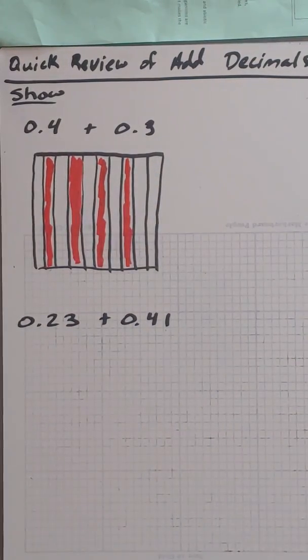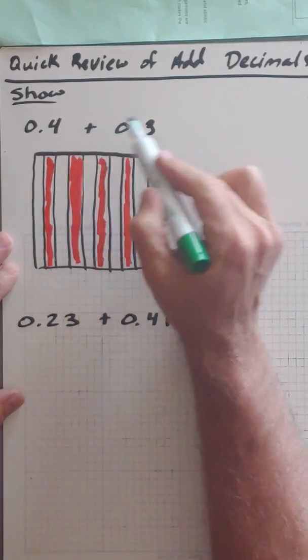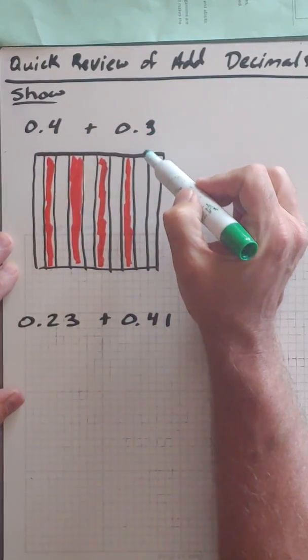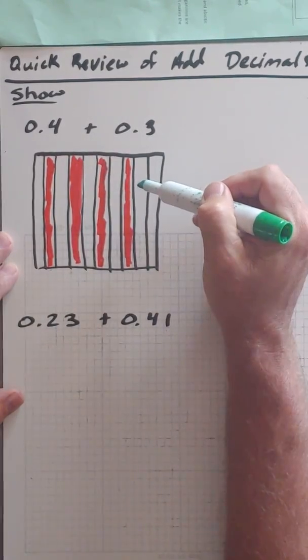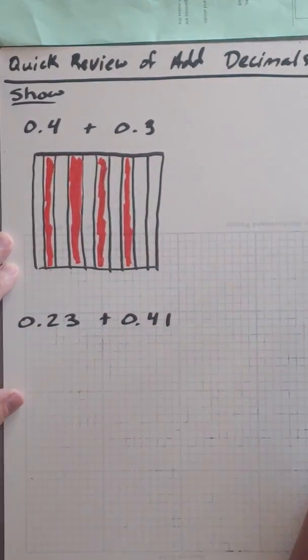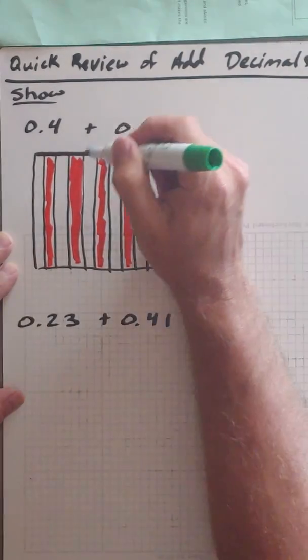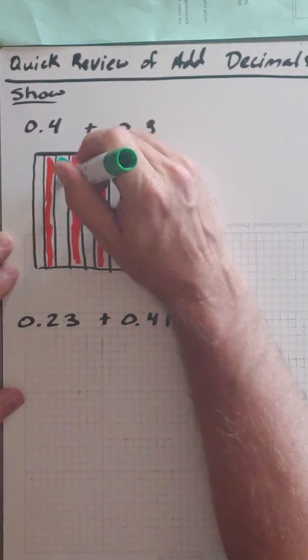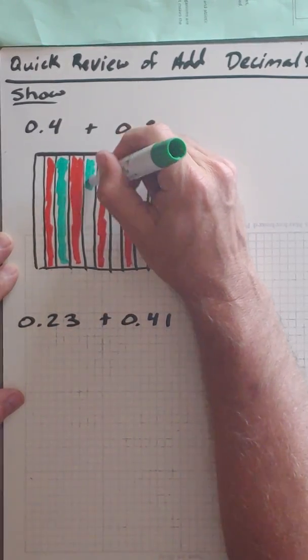And then what was a little bit different than what we did on Monday was I now want my students to start to realize that because these are both in tenths, 0.4 and 0.3, that means I'm dealing with the same size pieces. If I'm dealing with the same size pieces, there's no need to do another rectangle over here and draw it because the pieces are the same. So I can literally just add 3 more tenths to this one that I've already drawn because they are the same size pieces.